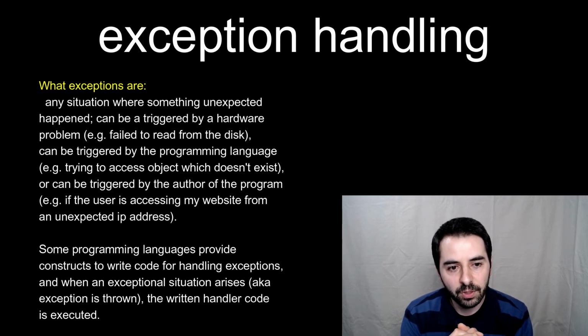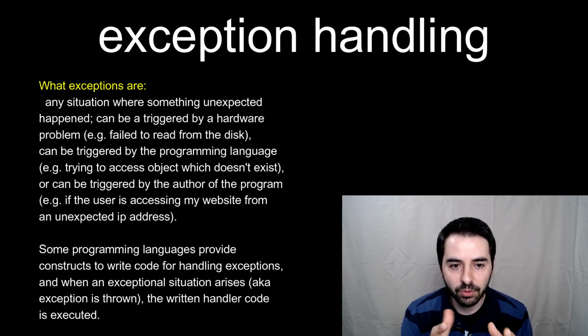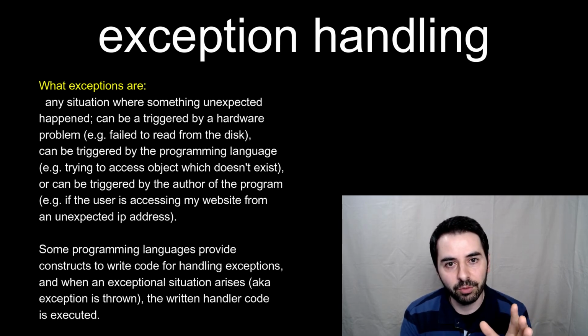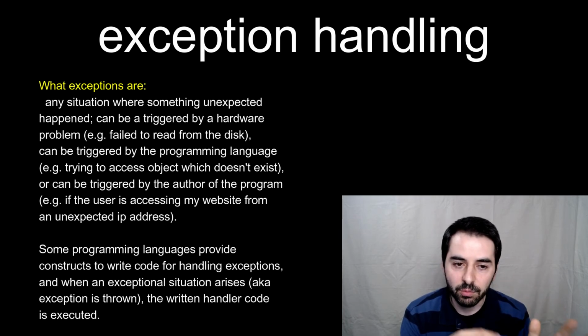So you can say, if this case happens, this is an exception, and then you define a piece of your program that will handle this case. And again, it can be in a completely different location, unrelated to where your currently executed statements are. So it comes with a context switch again.